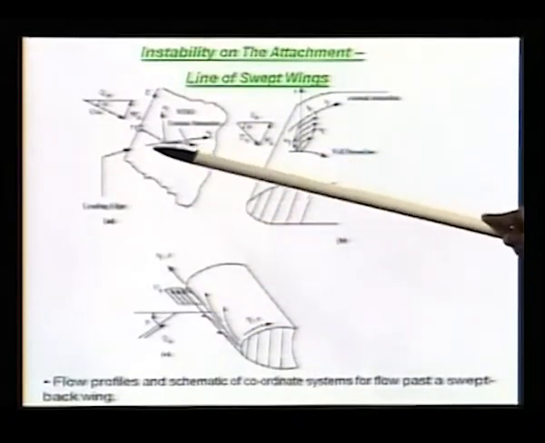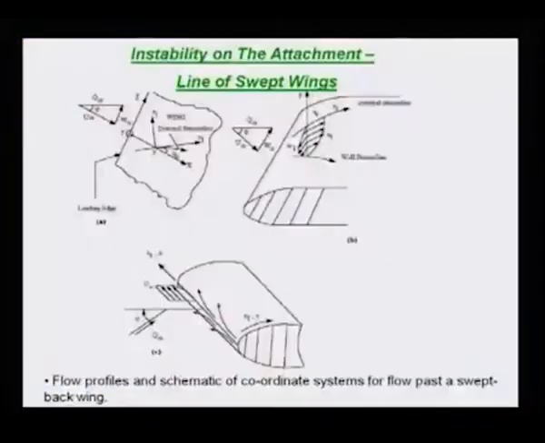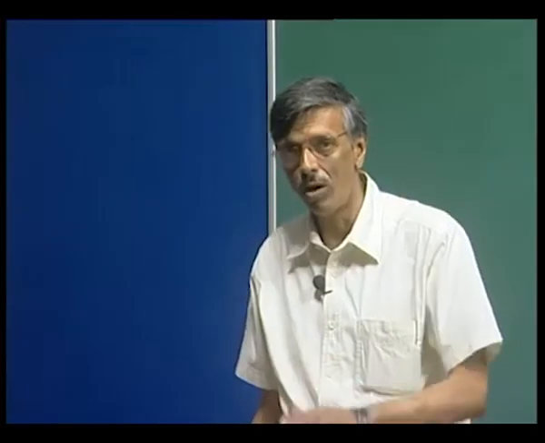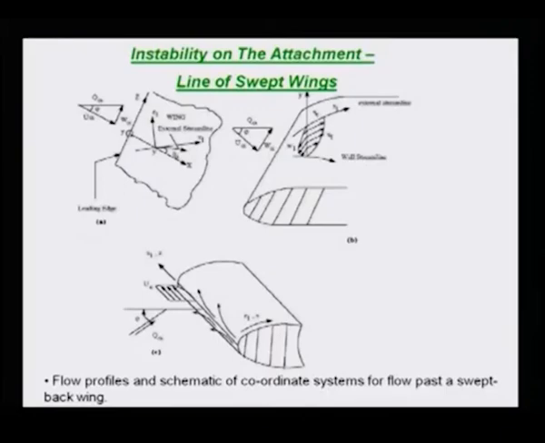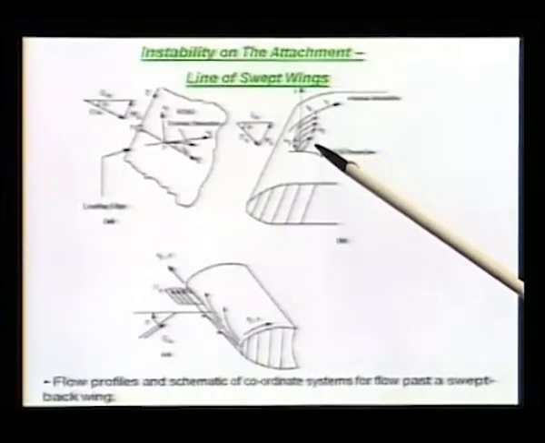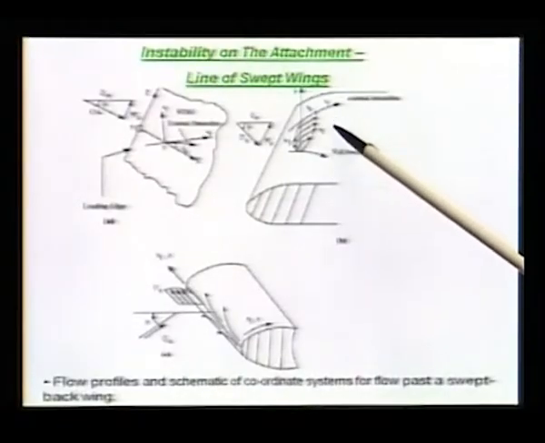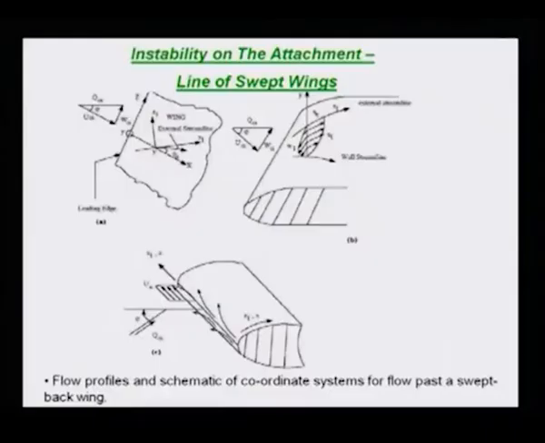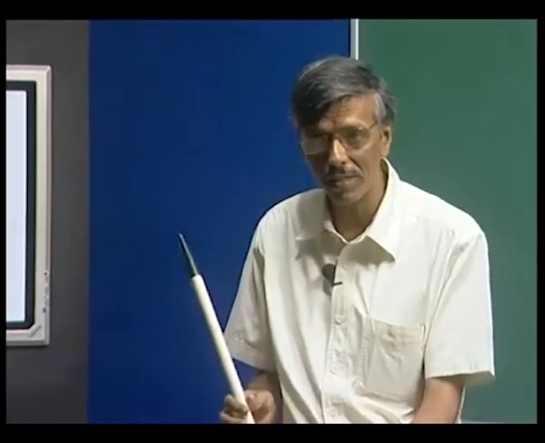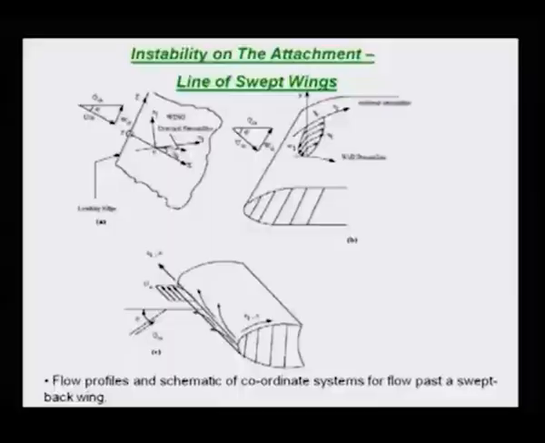In this plan view we also show how the streamline which is outside the shear layer looks. So, external streamline refers to a streamline which is outside the shear layer. What you notice is that the u component, which we call the streamwise component, and the w component, which we call the cross flow component, have a different relationship at different heights.